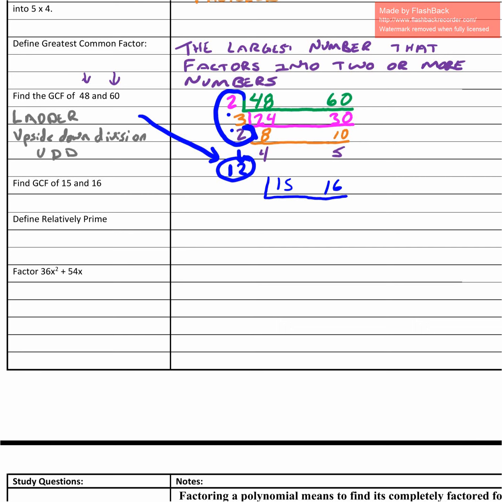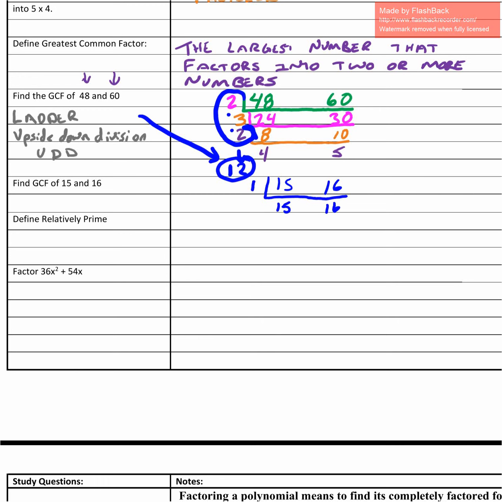When I look at this, I know 2 doesn't work in 15. 3 does, but 3 doesn't go into 16. 4 doesn't work. 5 works in 15, but doesn't work in 16. 6, 7, 8, 9, 10, none of those work. 11, 12, 13, 14, 15. So the only number that these two have in common is 1. So my greatest common factor would be 1.